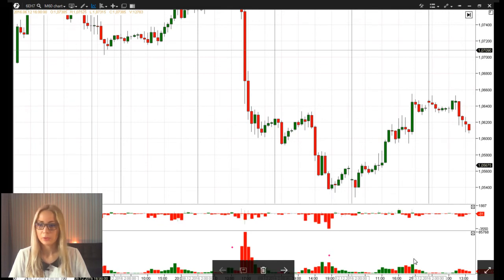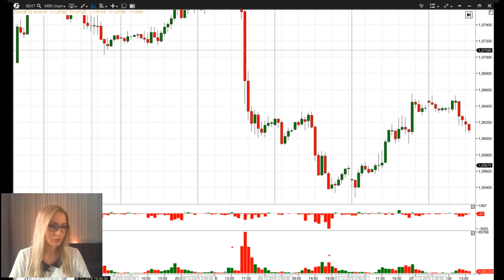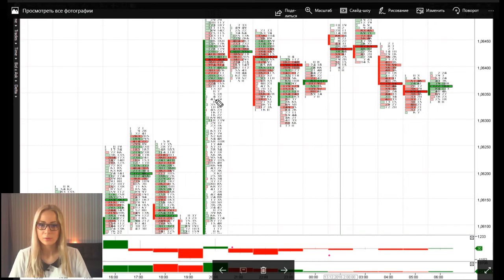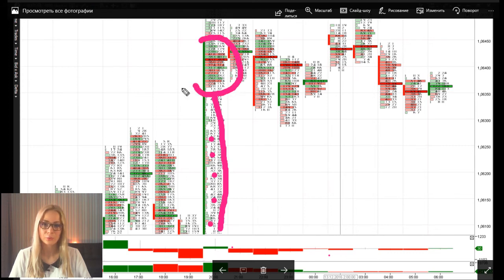Okay, so it's my confirmation volume and also my confirmation is the footprint chart. Let's go inside the candle, it's the footprint chart. And you can see that this price zone is like empty. It's not active now, but we can see a very active zone here and the biggest volume here is red, so it means that it's from sellers.